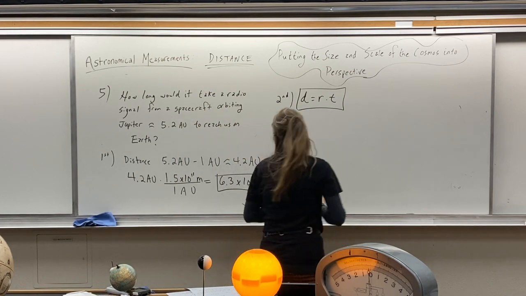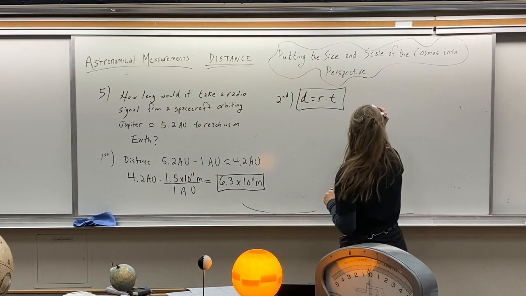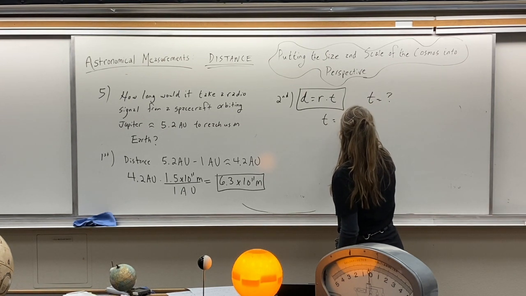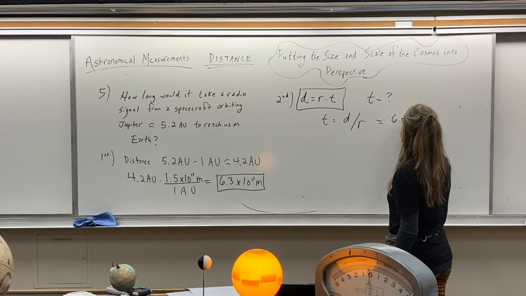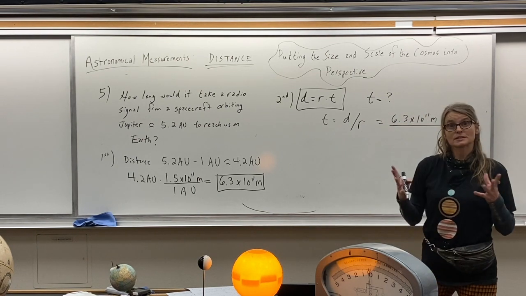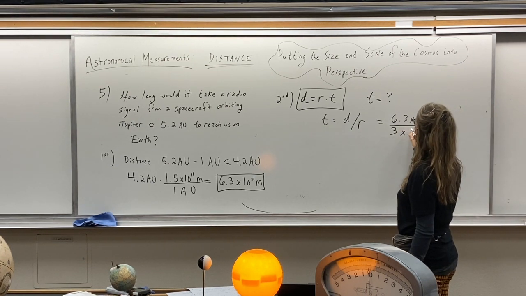And we're asking how long, which means time. So time is equal to what? Well, time will be the distance divided by the rate, which in this case would be 6.3 times 10 to the 11th meters, divided by the rate, which is the speed of light, how fast light travels in a vacuum, 3 times 10 to the 8 meters every second.